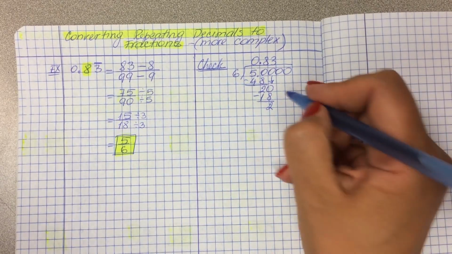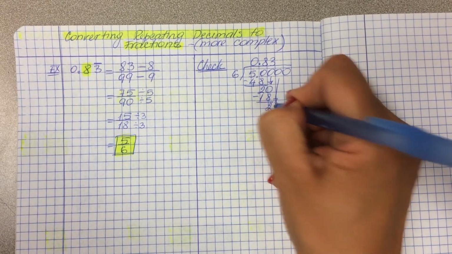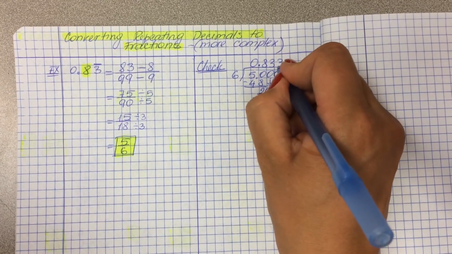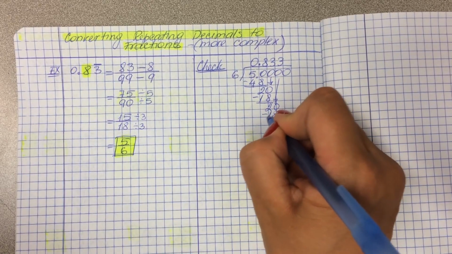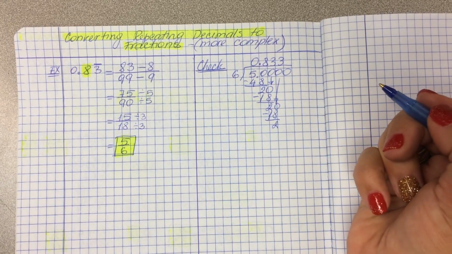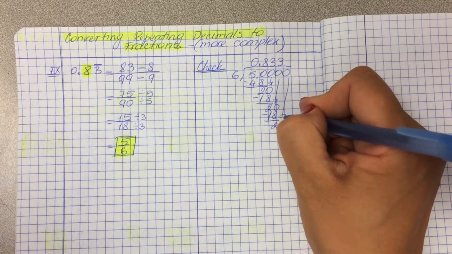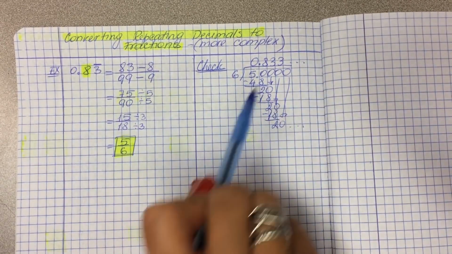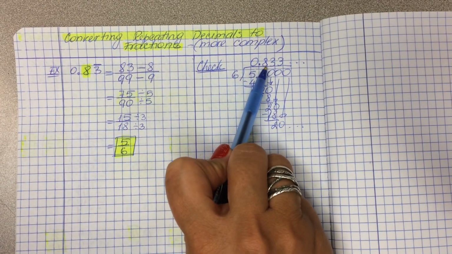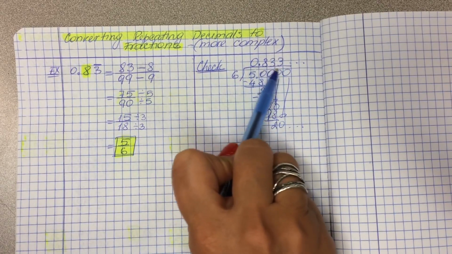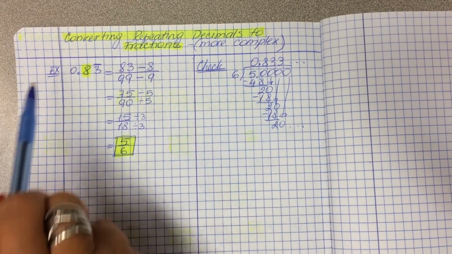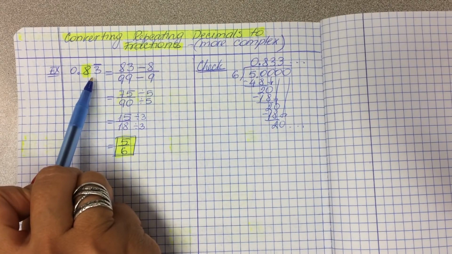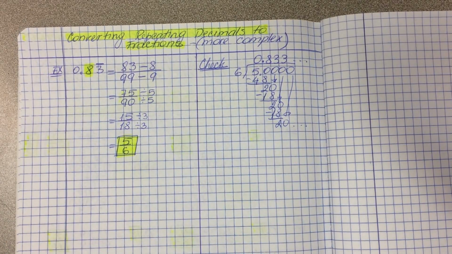When you subtract, you have 2 again. Bring down a 0. 6 goes into 20 3 times, which is 18. And then subtract, you have a 2. Bring down a 0, and that will go on and on and on. So we have 0.8, and then the repetition of the 3, the pattern, which is exactly the same decimal that we started with.